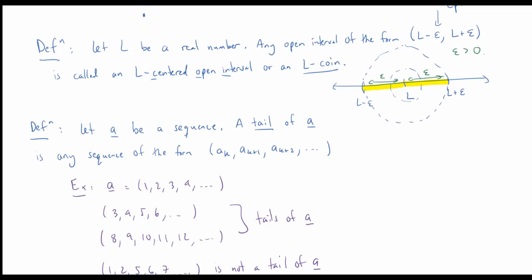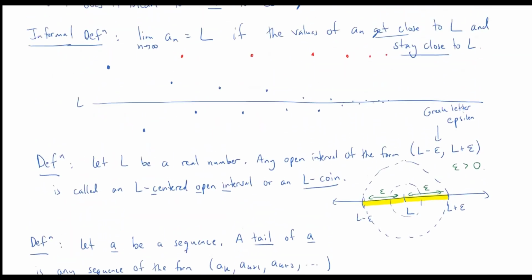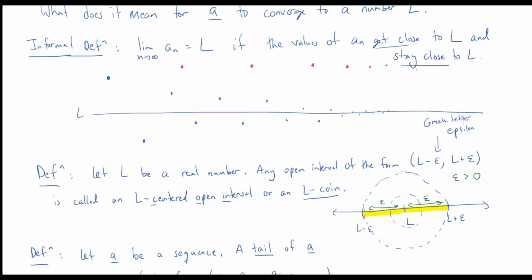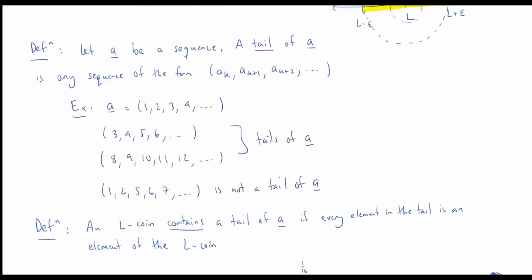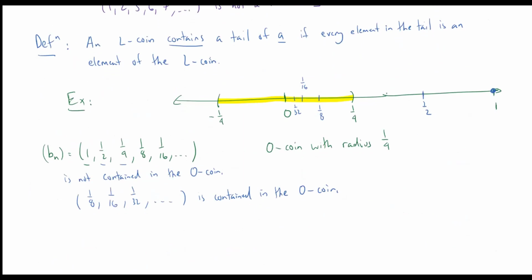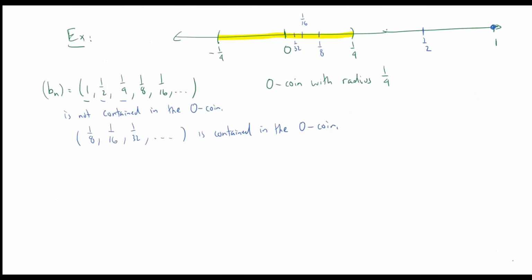And staying close means you don't leave. So you get into the L coin and then you don't leave the L coin. But if you don't leave the L coin, that means you are a tail that's contained in the L coin. So this motivates our formal definition.